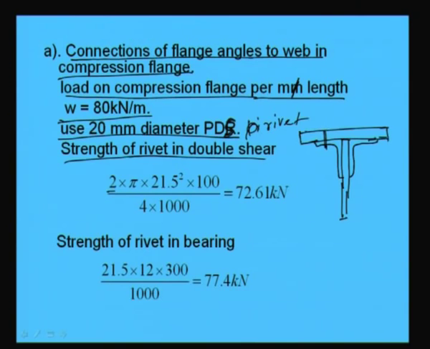Now, when we are connecting this flange with the angle, it is in single shear, right. So, accordingly we have found out the rivet value. Now, when we are going to connect this, we will see this is in double shear, right. Therefore, we need to find out the strength of rivet in double shear.